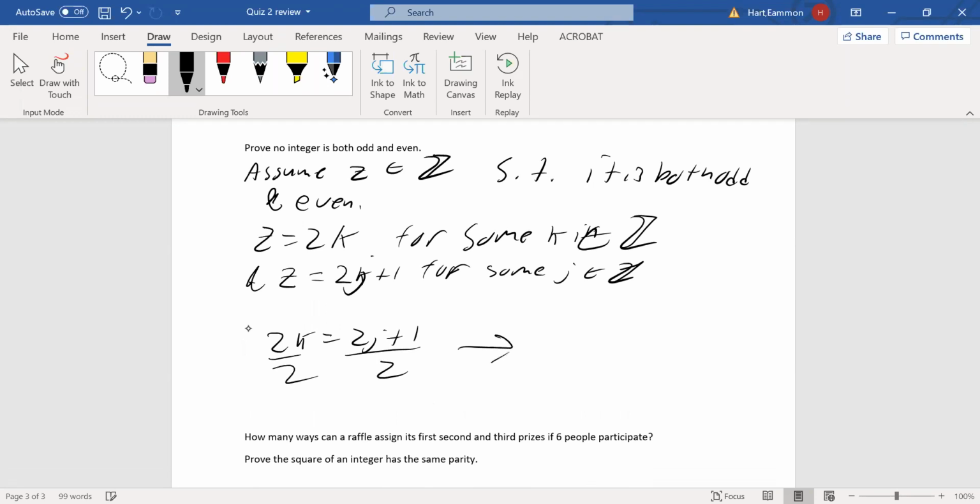And this implies that k is equal to j plus 1/2. But this is a contradiction, because k and j cannot both be integers.